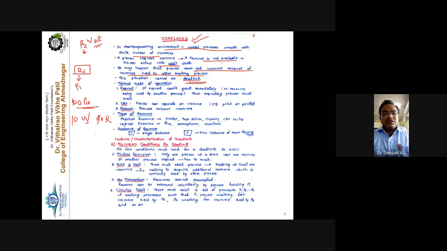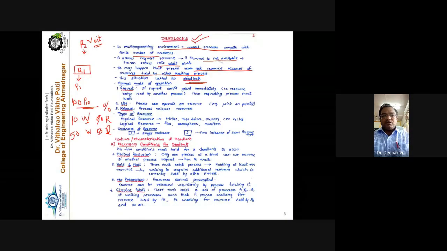Now the scenario changes. As time passes, the scenario changes. For example, 50 processes are now in a waiting state and 50 processes are in a running state.